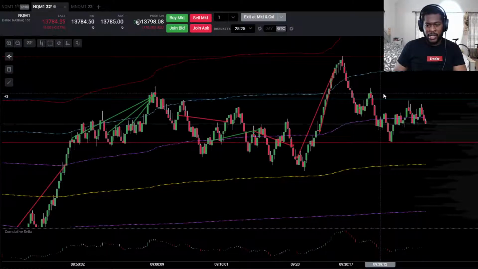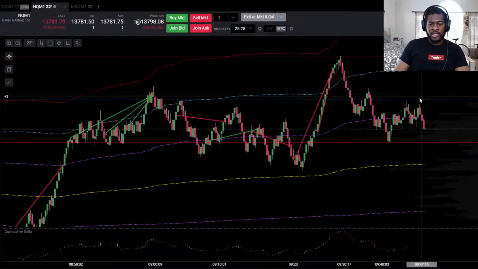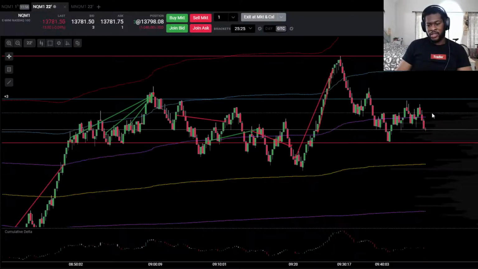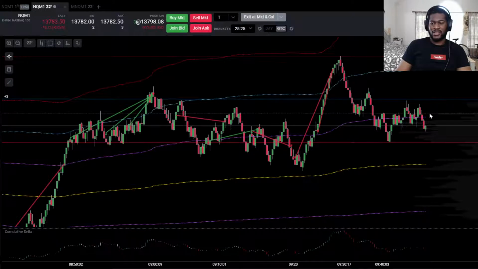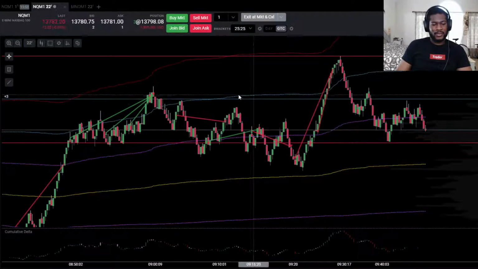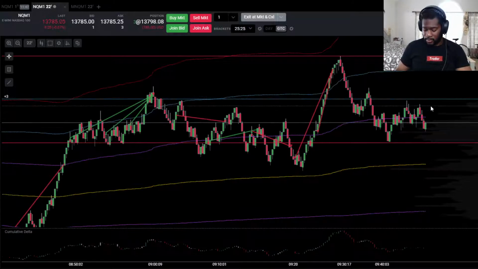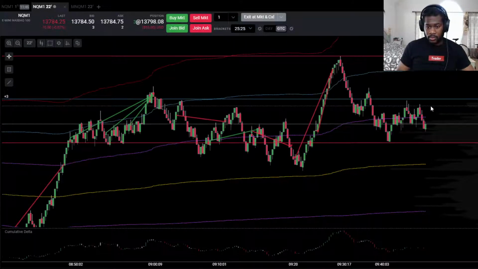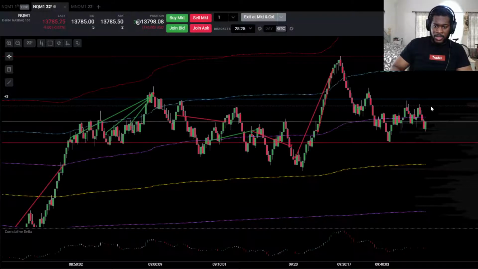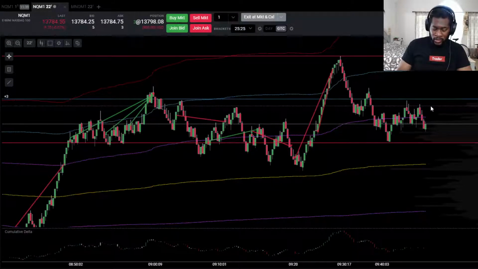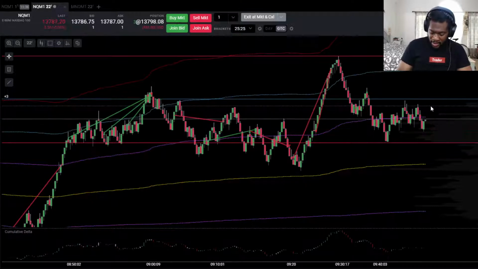I swear if my initial entry line could somehow be like a resistance. It seems like more often than not it is. I'm sure there's some psychology to why that consistently seems to be the case.